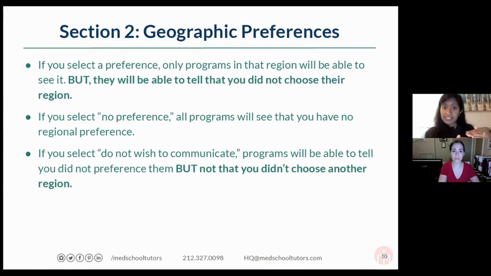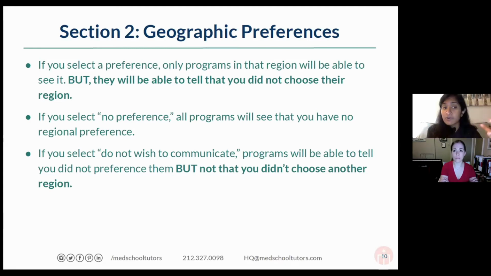The second is if you say, I have no preference, then all programs will see that you said you have no preference. They'll say, okay, this applicant has no preference, and they'll see that little 300-character blurb that you put in. The last is do not wish to communicate. In this case, they will just see that you did not pick them.